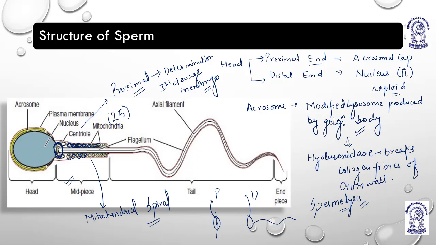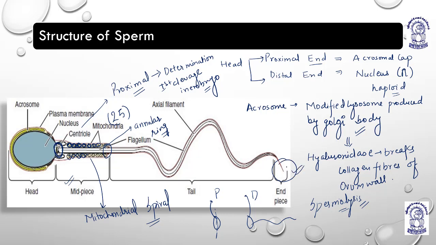Now, just at the junction where the mitochondria end, the middle piece has its main broad structure, the major structure, the mitochondrial spiral. Okay. Now there is an annular ring. This is an annular ring. Okay. Now this annular ring basically helps to bypass the flagellum, and this flagellum continues to form the end piece.